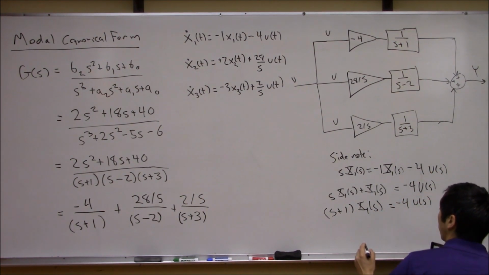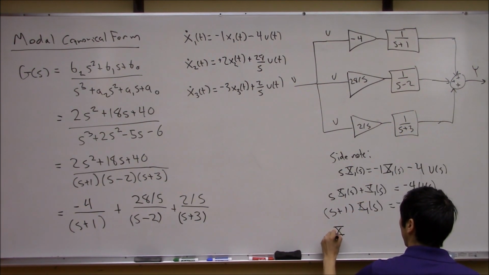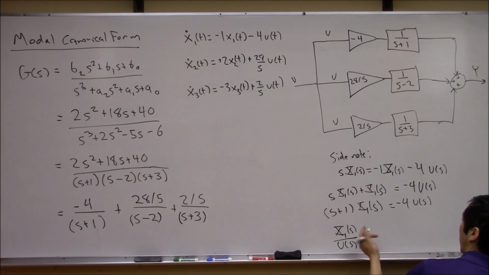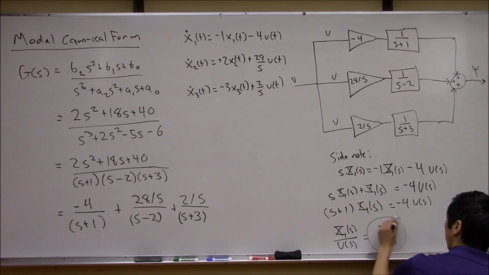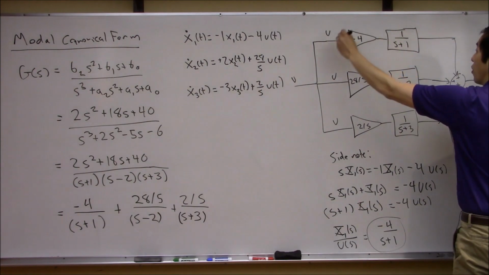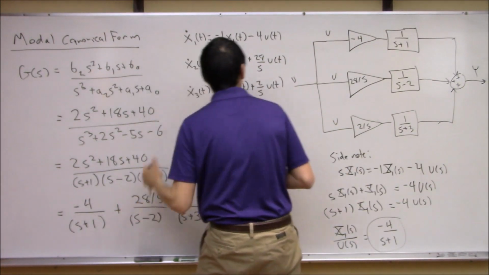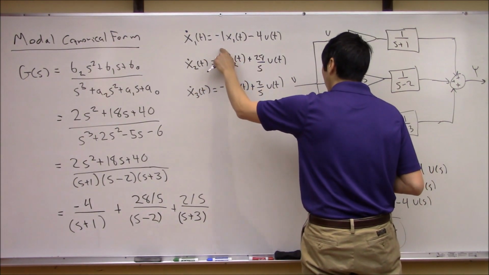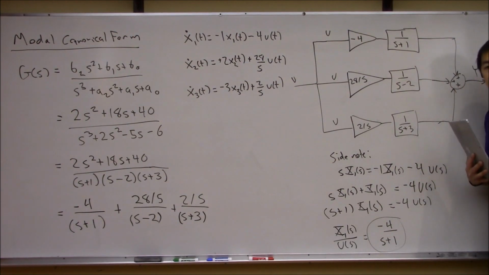Now let's solve for the output, this signal x1 of s over u of s. If I just do that, you can clearly see this is minus 4 over s plus 1. So great, this checks out with this here. I think we got the differential equation correctly, and you can do the exact same thing for these two if you want. So yay, this all checks out.